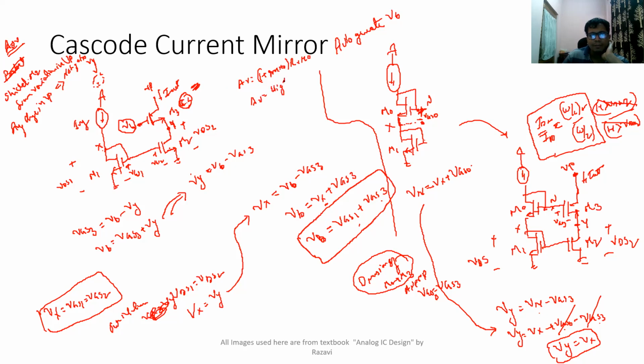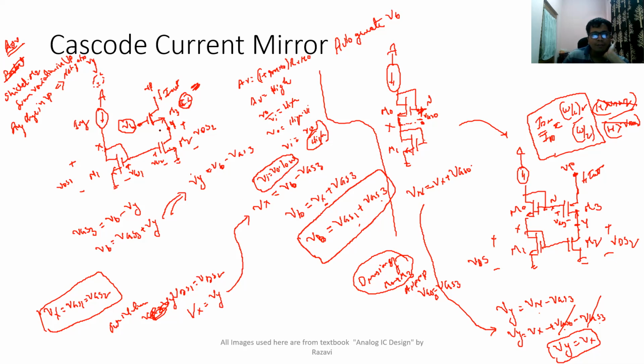If its gain is high, what does it mean? Voltage gain is nothing but Vo by Vi, and it is very, very high. Or in other words, Vo is some high value times Vi. If I write it the reverse way, its input is Vo divided by high value. 1 by high is a very, very low value, so your Vi will be Vo into a low value.